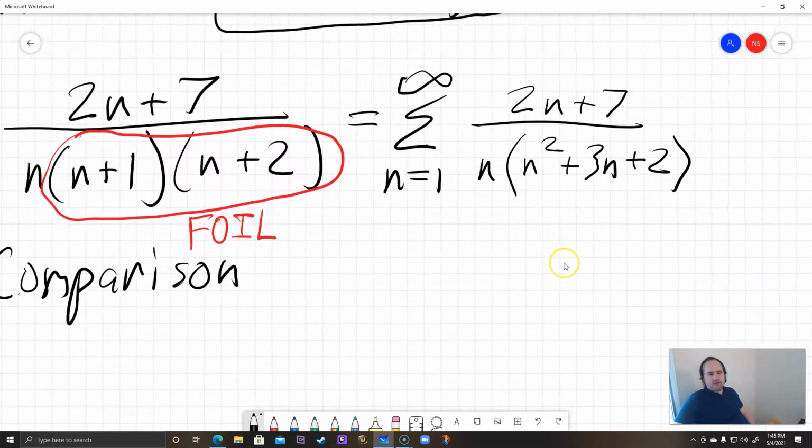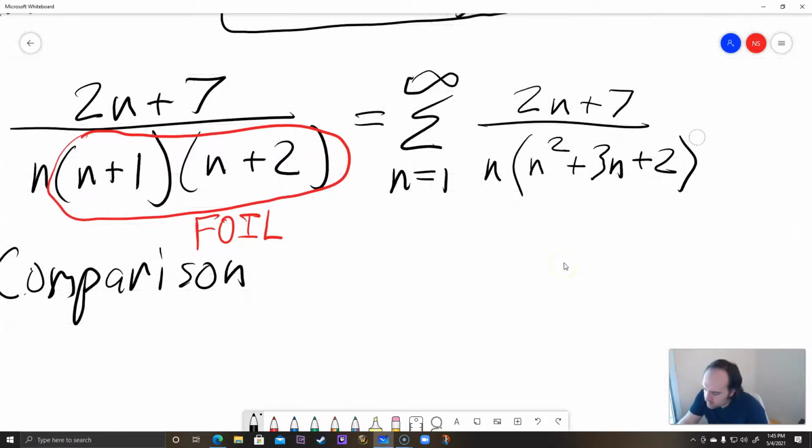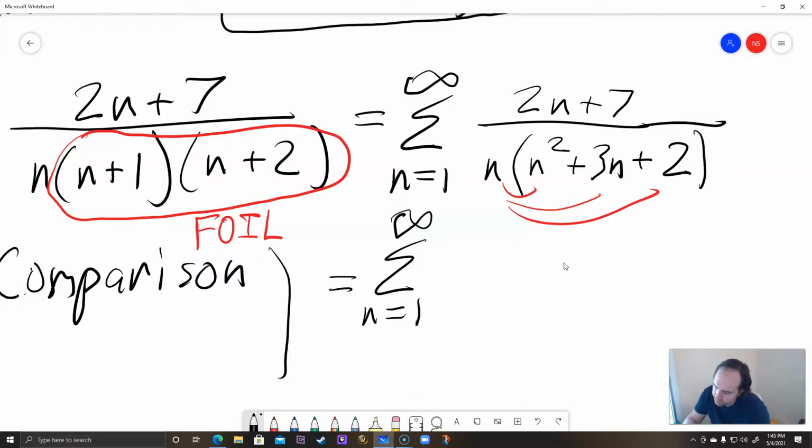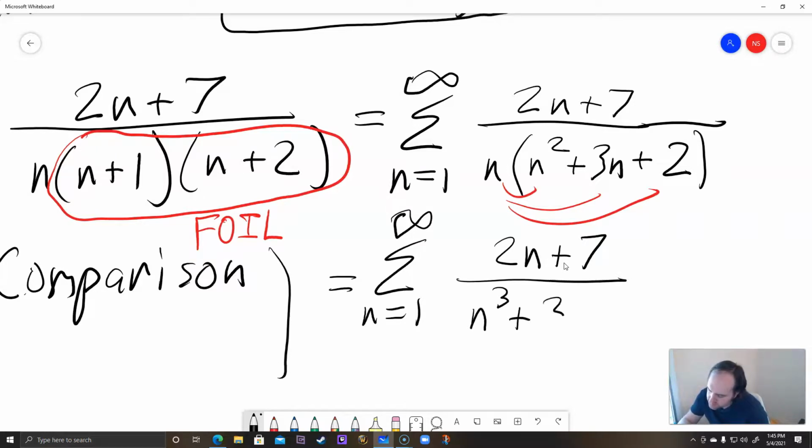I'm multiplying this all out, so while I'm at it, I'll distribute the n to every single term on the bottom. That gives us the sum from n equals 1 to infinity of 2n plus 7 over n cubed plus 3n squared plus 2n.